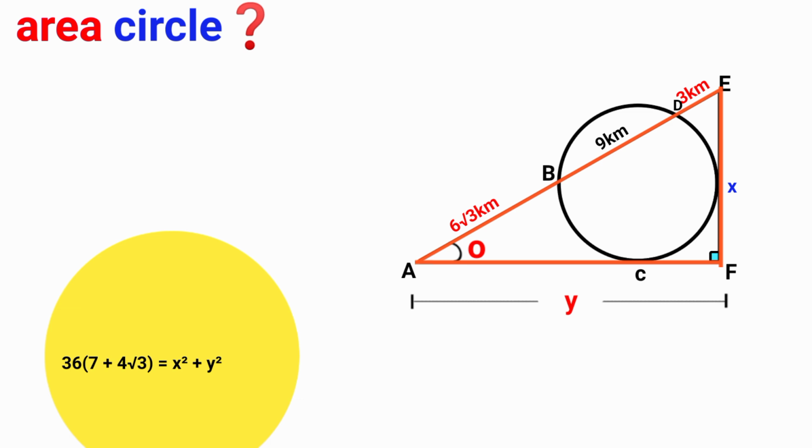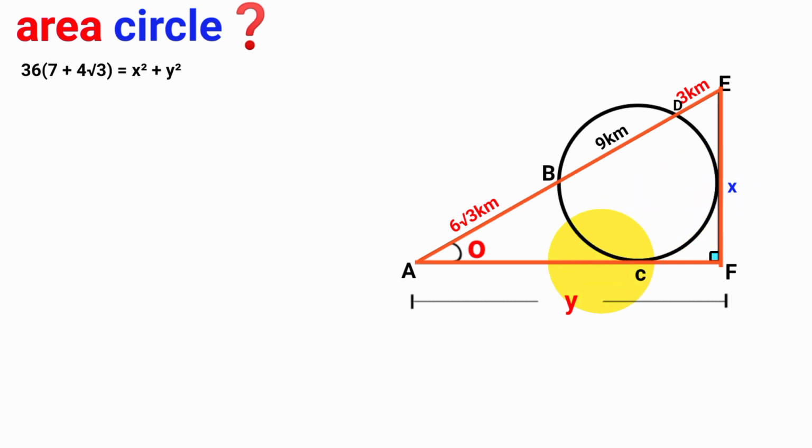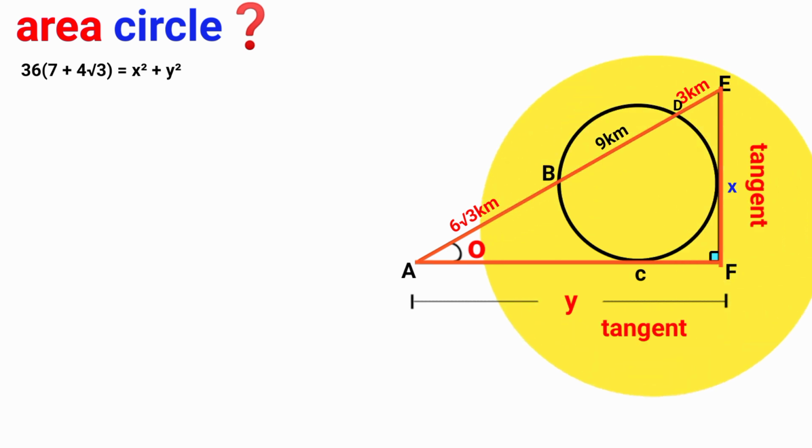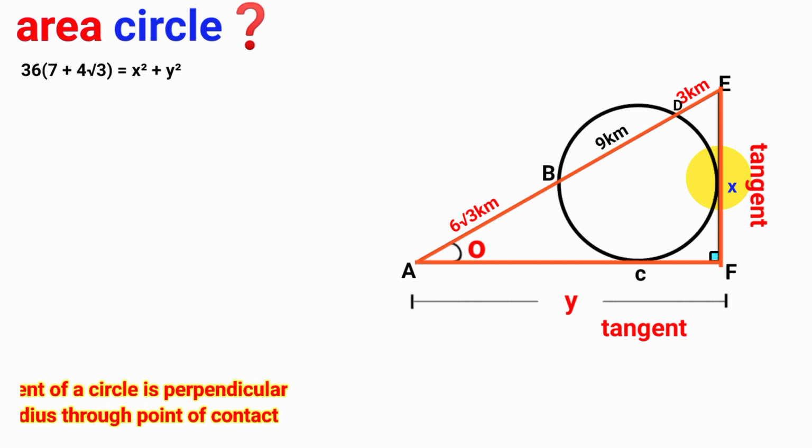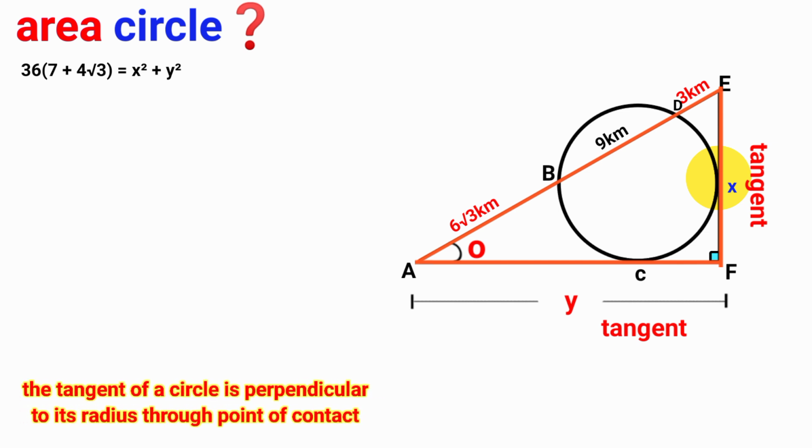What are the values of x and y? We don't know, but x is the length of this side and y is that of this side AF. And if you look, both are tangent to the circle at this point and this point. From circle theory, there is a rule that the angle between a tangent and its radius through the point of contact is a right angle.